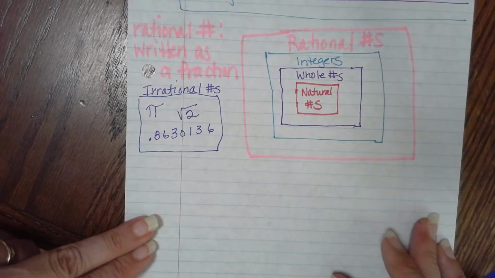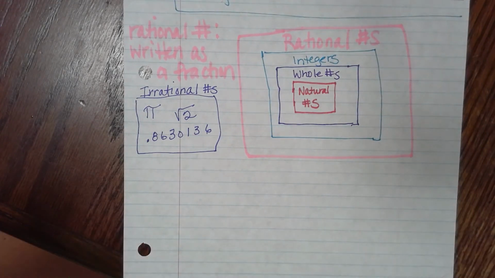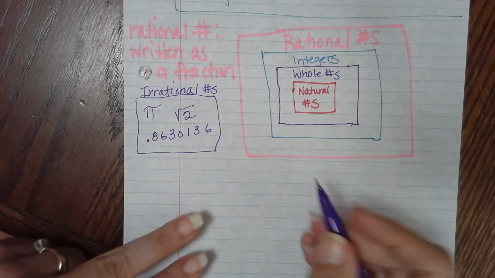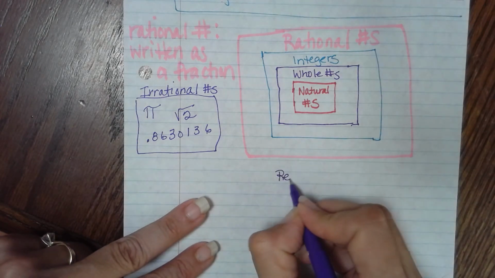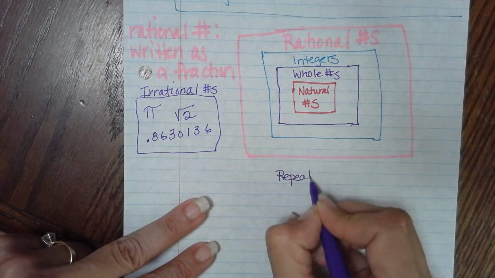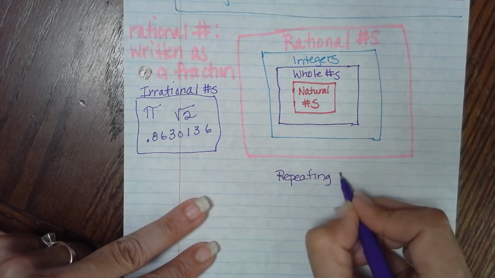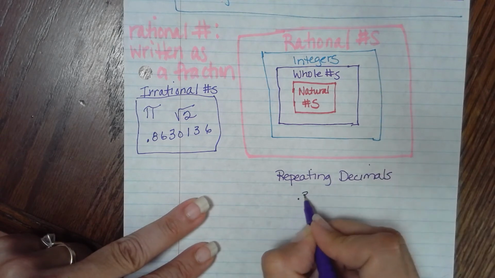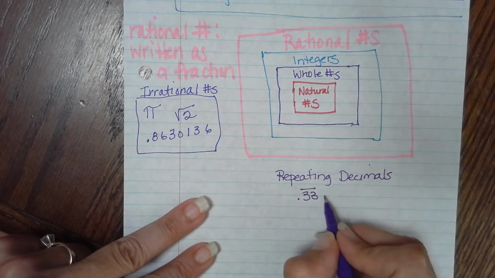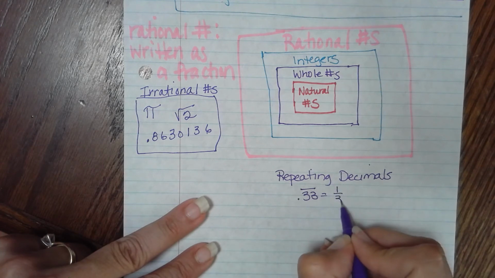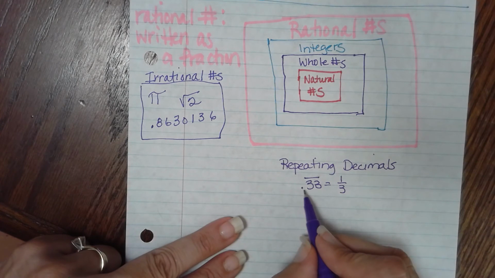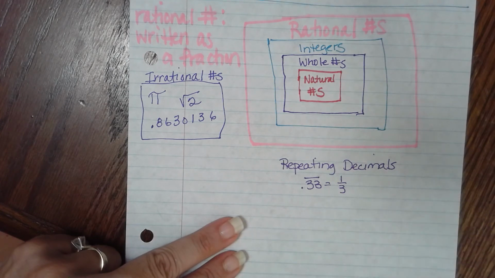So you might be thinking, well, what about repeating decimals? Those go on and on and on forever and ever. Well, they're a little different. If I have a repeater, like 0.33, that's a repeater, you know that you can turn that into 1/3. So that's rational. Just because that would say 0.333333 and forever and ever and ever, it still can be written as a fraction.